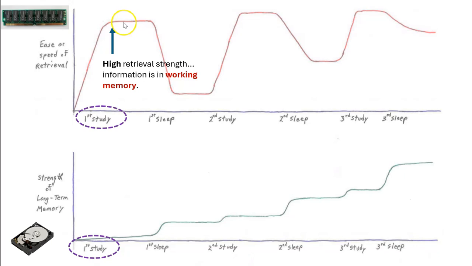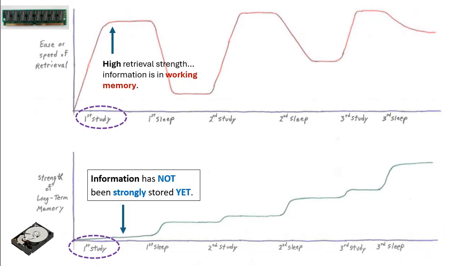And the reason is that information is currently in the working memory system, the short-term memory system, which one of its features is that we have fast, easy access to the information that is in our working memory system. But notice on the bottom graph, it indicates that the information that we're studying or processing has not been strongly stored yet in the long-term memory system. So we have low storage strength.